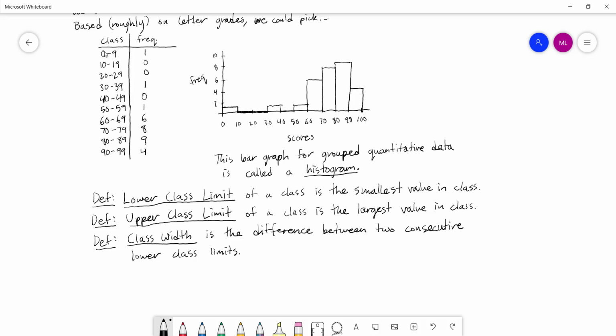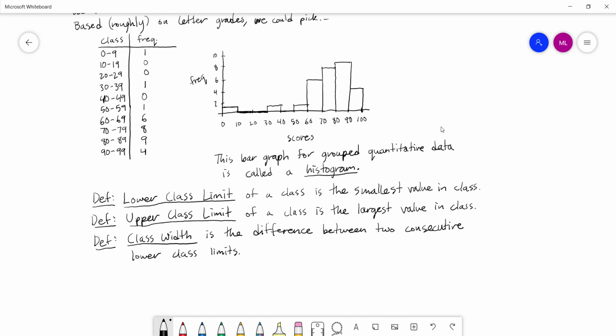Instead, to get the 10, I need to subtract this lower class limit from the one before it. So I can subtract 0 from 10, or I can subtract 10 from 20, or 20 from 30. And they give me the 10 that is the actual span of the amount of numbers that go into these classes.